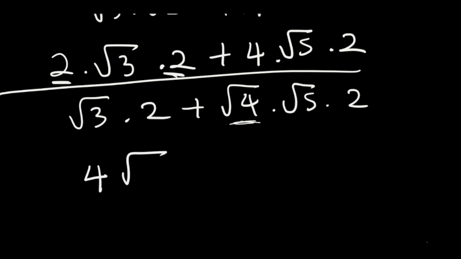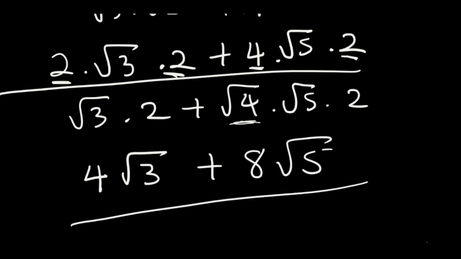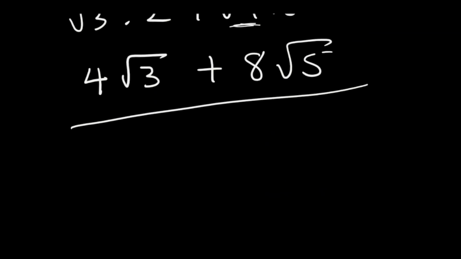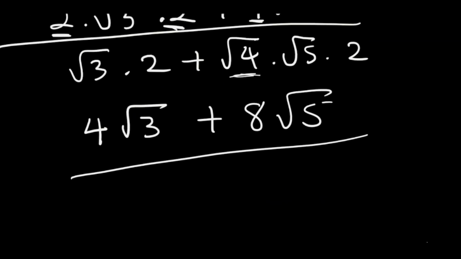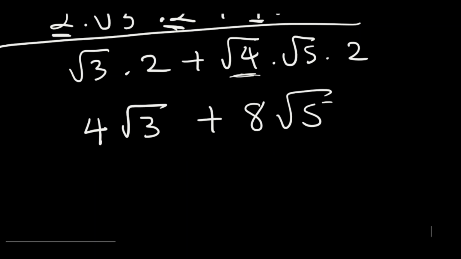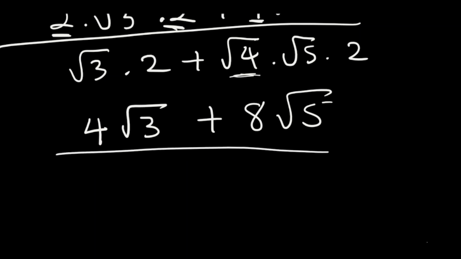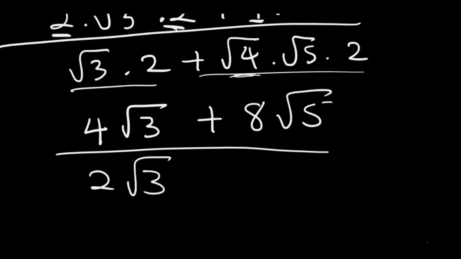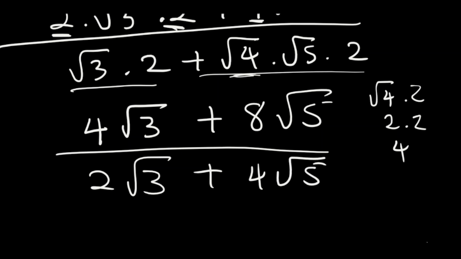So it's 4 root of 3 plus this 4 multiplied by this 2, it's 8. 8 root of 5, divided by, let me write this division properly, divided by 2 root of 3, which is this one here, and then here we are having root of 4 multiplied by 2, which root of 4 is 2. So 2 multiplied by 2 is actually equal to 4. So I'm just going to write 4. So it's plus 4 root of 5, right?